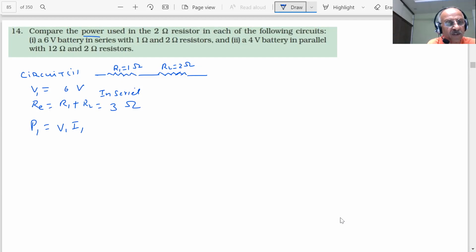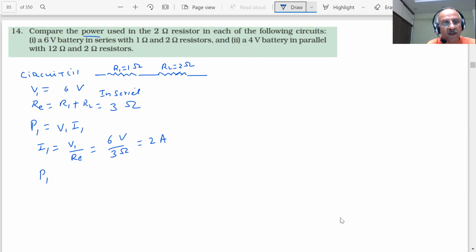Calculate the current first, I1, by using Ohm's law: V1 by R effective. What is V1? 6 volt divided by 3 ohm. How much are you getting? 2 amperes.